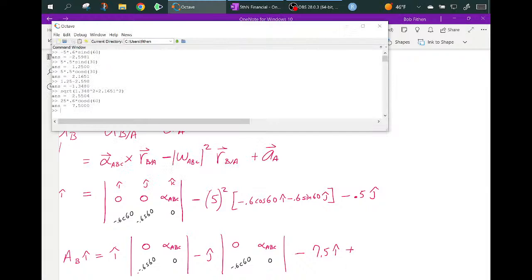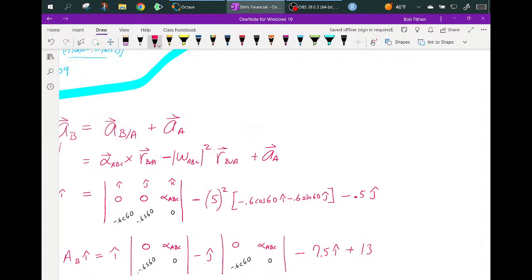And not going to be such a nice number for the second one. 12.99, but we'll say it's 13 J minus 0.5 J.